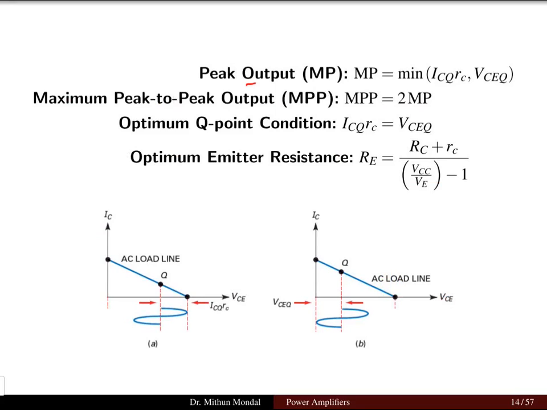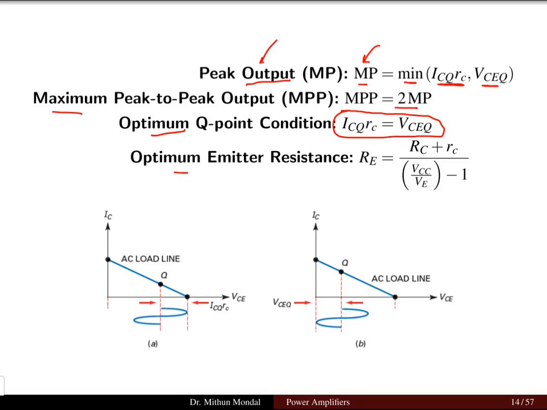The maximum peak output that we get will be the minimum of ICQ times RC, the collector current multiplied by the collector resistor, and the collector to emitter saturation voltage. That will give you the peak output. The maximum value of the peak to peak output will be twice of the value we calculated earlier. The optimum Q point condition is that the collector to emitter voltage at the Q point will be equal to ICQ times RC.